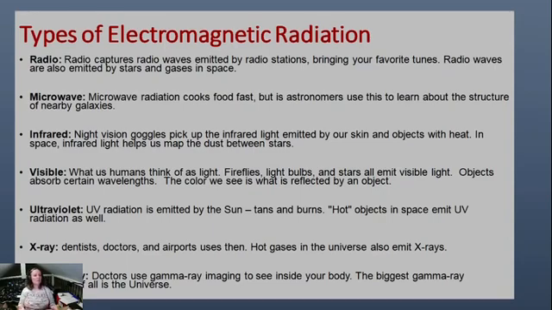There are certain wavelengths that are absorbed by an object, and the reflected ones are the ones that we see as color. Ultraviolet light, we also think of easily about the sun. It creates sunburns and suntans. We can also see some of what's going on in space by hot objects like the sun that emit ultraviolet rays.